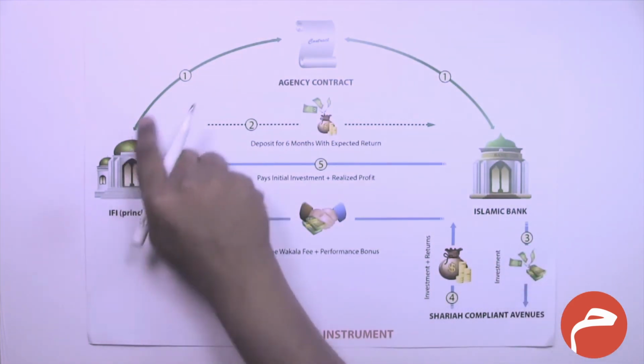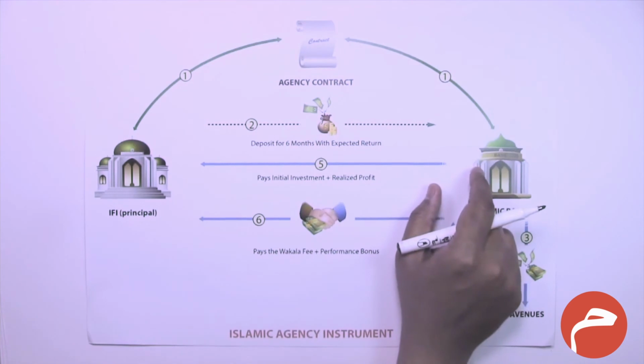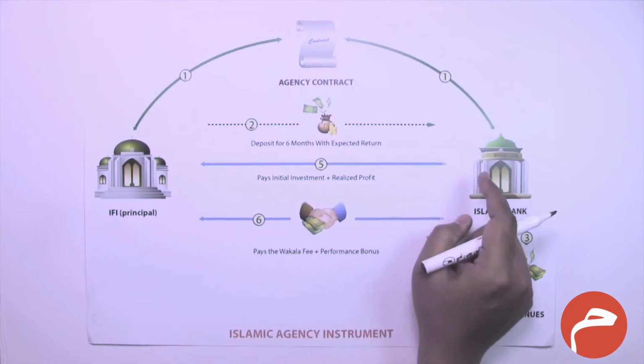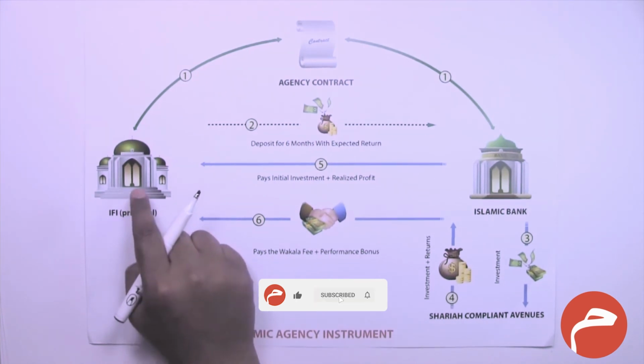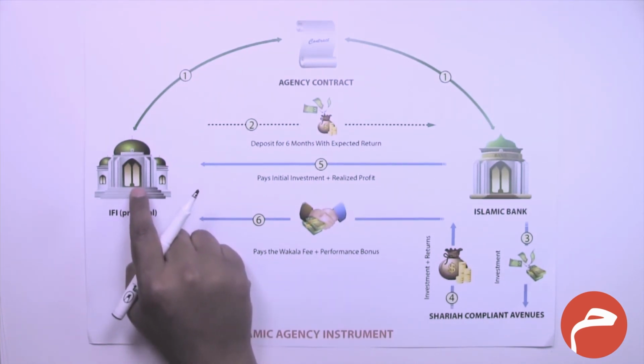So for example, this is the first step wherein an agency relation is created. This financial institution wants to place its excess liquidity, for example, for a period of 6 months.